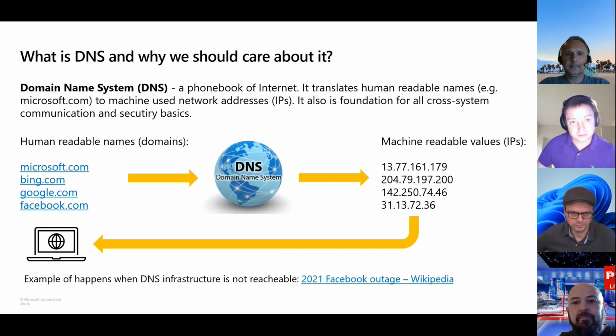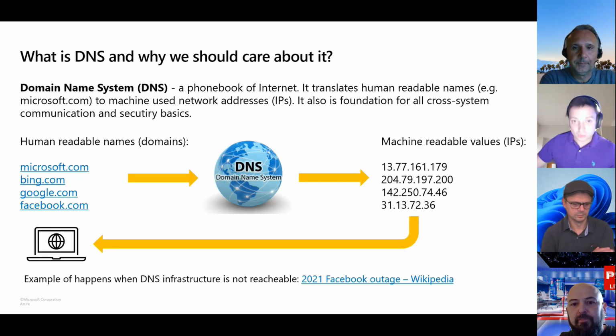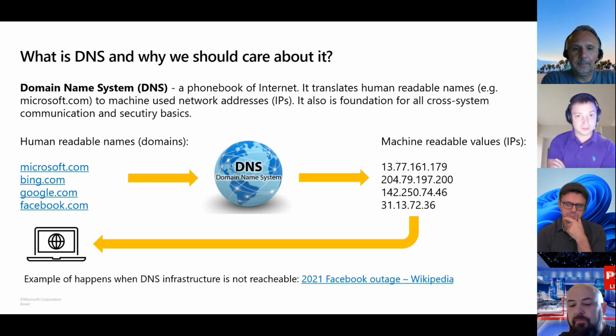We all know that the internet works based on DNS, and this is one of the essential services on the internet. We also all know what happens when DNS infrastructure doesn't work.